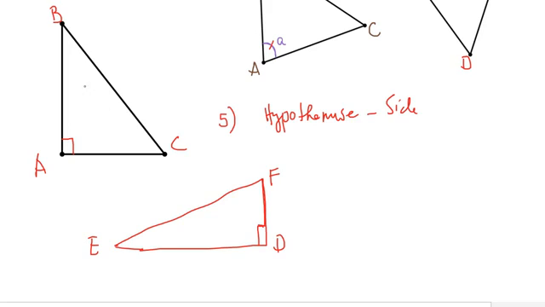If I can say that these hypotenuses are equal, and these sides are equal, then I can say that these two triangles are congruent triangles. They are not similar, but they are exactly a copy of each other.